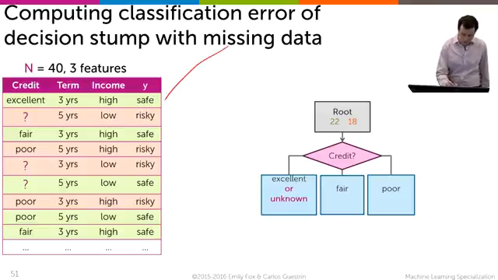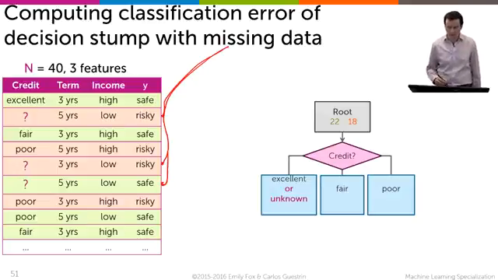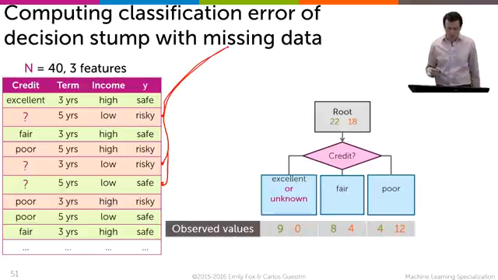So in this example, we have 3 data points with missing data, these 3 here, and we're considering assigning those data points to the branch where the credit was excellent. So we had 2 kinds of data. We had the observed data, and in there, in the excellent branch, we have 9 safe loans and 0 risky. In the fair branch, we have 8 safe loans and 4 risky.